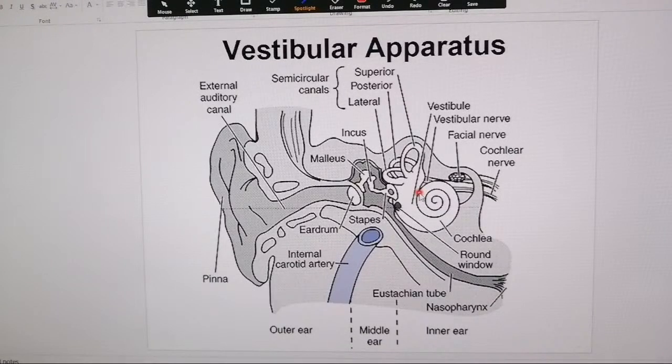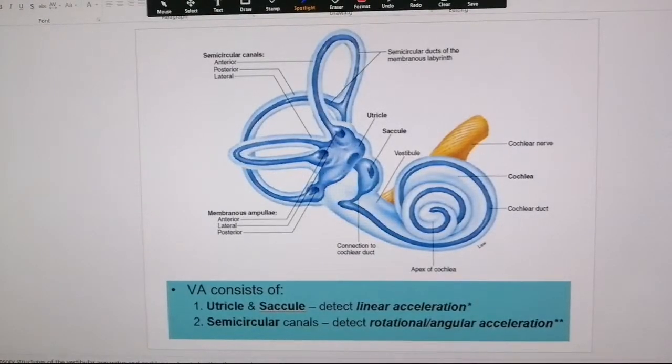Okay. Fine. From this point onwards, we will look at this picture in a bit more detail from the vestibular apparatus point of view. As you can see in this picture, we have taken out the inner ear contents. We are not concerned with the external ear or the middle ear, only the inner ear contents.